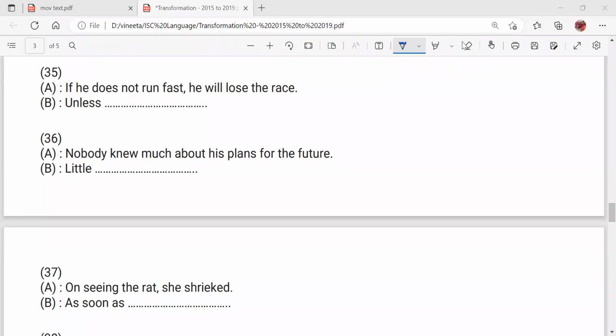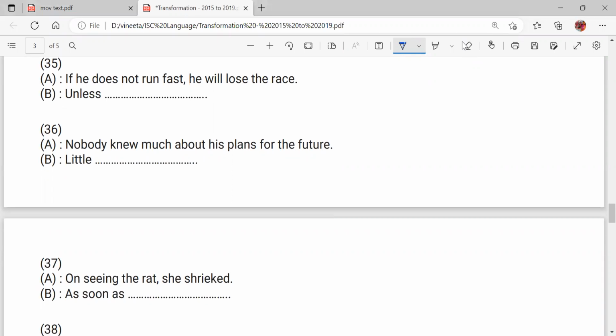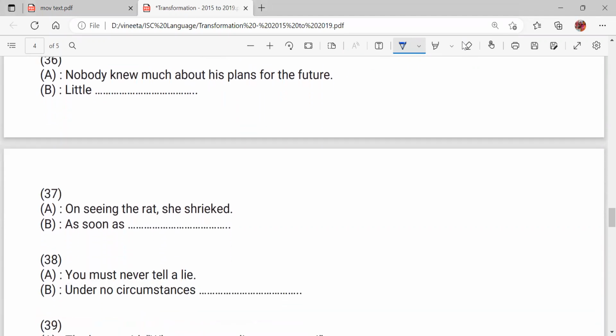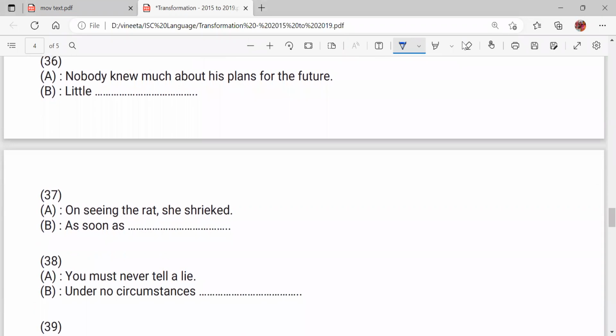If he does not run fast, he will lose the race. Unless he runs fast, he will lose the race. Now, here you have to take care of verb. Right? Because if not is replaced by unless here. Nobody knew much about his plans for the future.